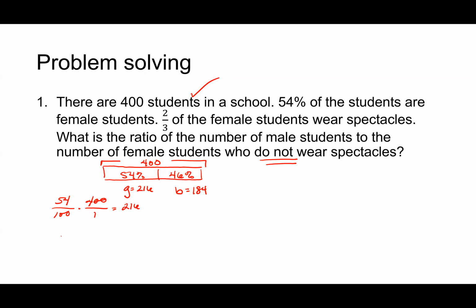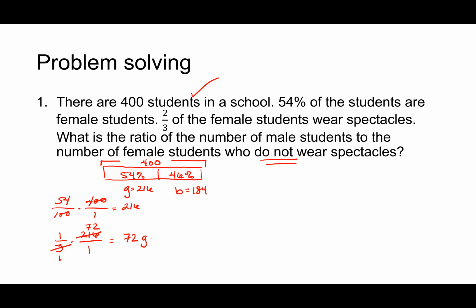Ray? Okay, so let's find 1/3 of what? Of 216. We're finding 1/3 of the girls. I know I can divide 216 by 3, and it would be 72. All right, so 72 girls are unspectacled.